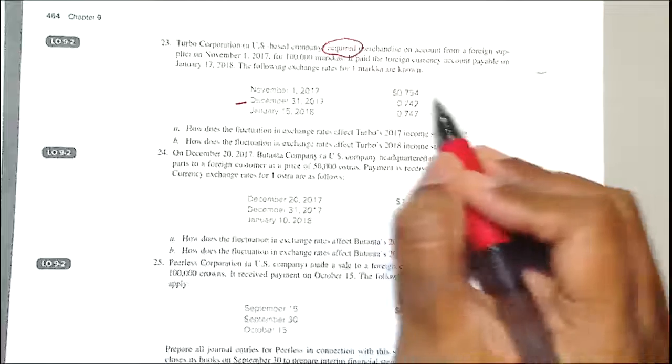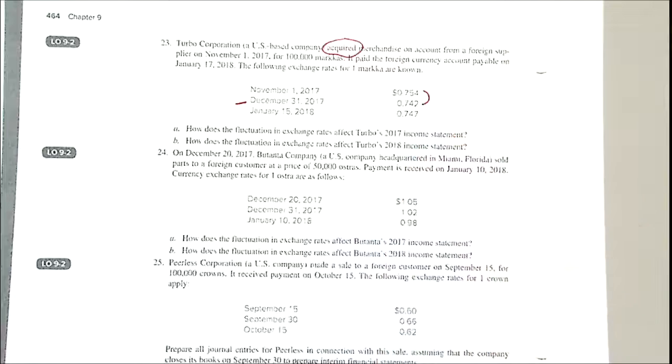On December 31st, you're going to check whether you are making a gain or loss. Remember, you purchased, you acquired. That creates what? Accounts payable or receivable? When you buy on credit, it creates an accounts payable. That means you have to pay all those foreign currencies in the future.